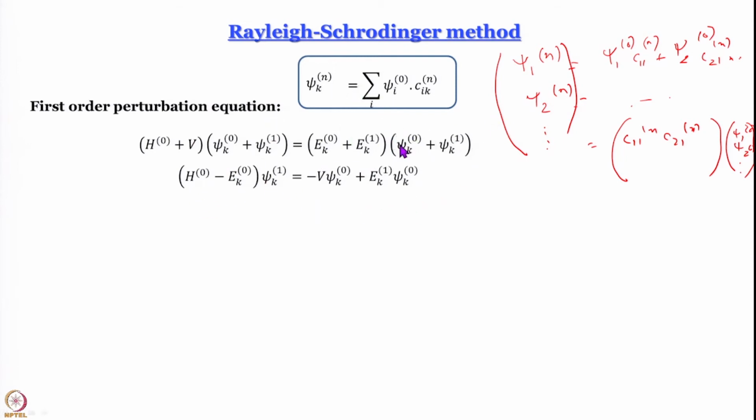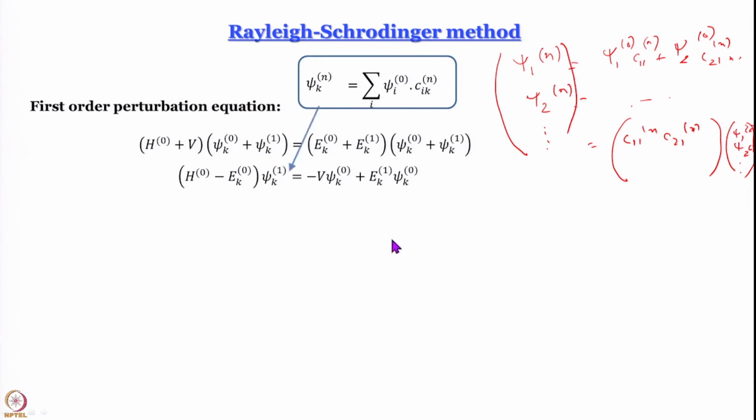I think we have done this earlier also. On the left hand side I have the annihilation operator, but not for psi k 1th, for psi k 0th. It is not going to annihilate psi k 1th. So, this H 0th minus E k 0th, sorry for missing the hat here, operating on psi k 1th gives me minus V psi k 0th plus E k 1th psi k 0th.